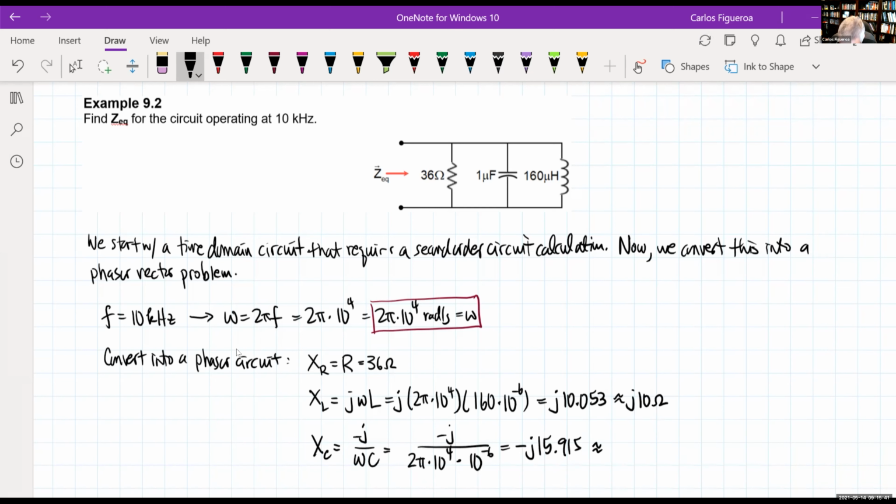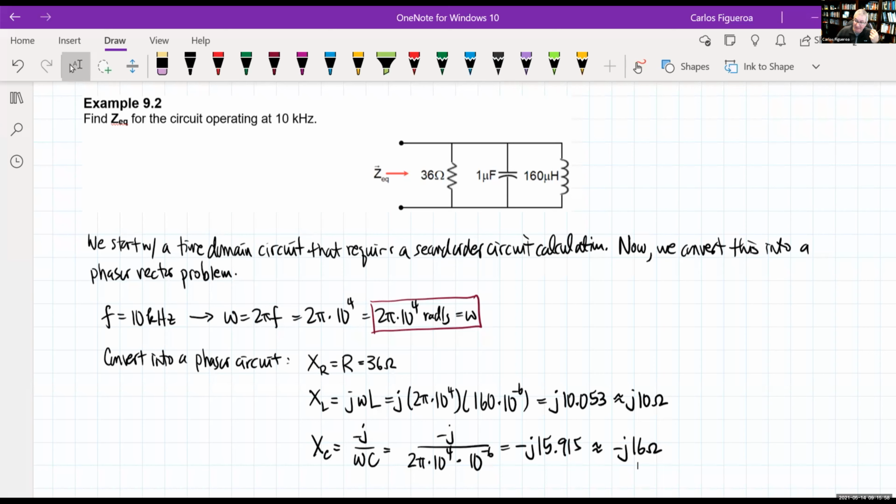Then I'm going to approximate this to minus J 16 ohm. Okay. So if you do this, here's where you're going to see where the algebra becomes intense.